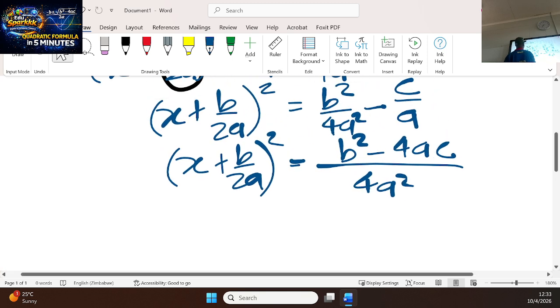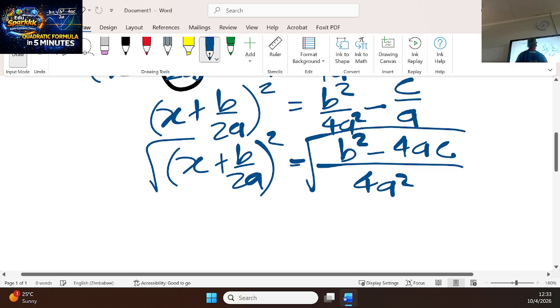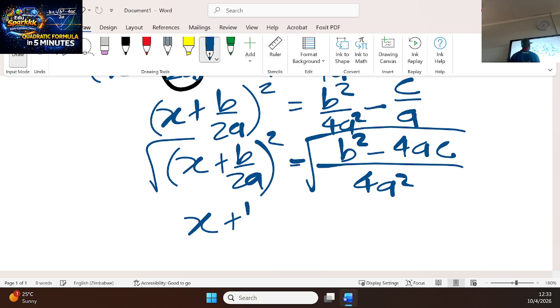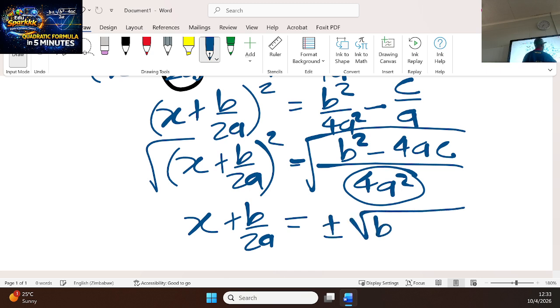And when I do square roots both sides, we'll end up having x plus b over 2a on the left-hand side, then on the right-hand side, this part we can find its root, so we'll be having plus or minus, the numerator will be the root of b squared minus 4ac, all over the denominator, which is going to be 2a.